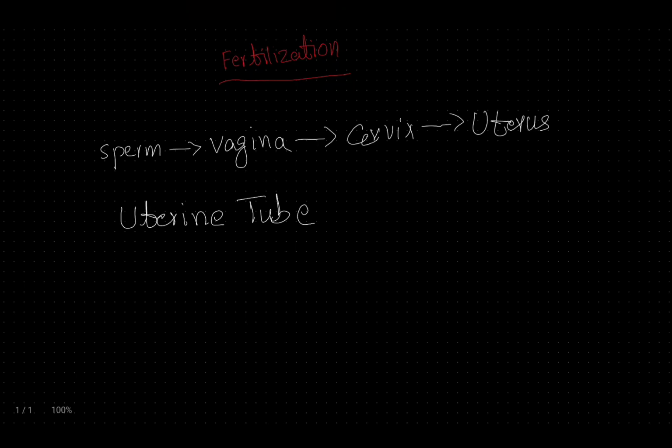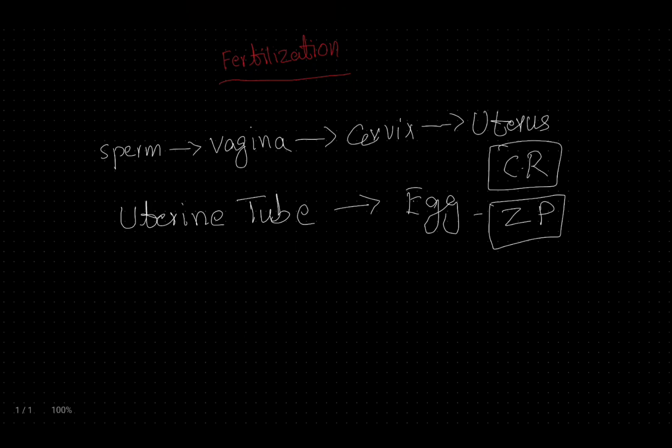It reaches the egg by crossing the layers of the egg, the corona radiata and the zona pellucida, and exchanges genetic material. Eventually it forms a big cell called the zygote.